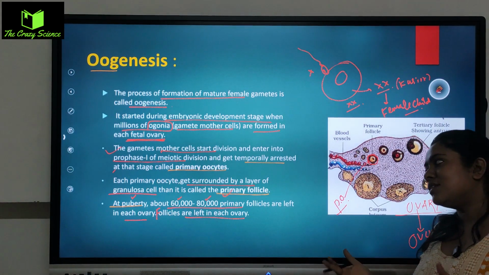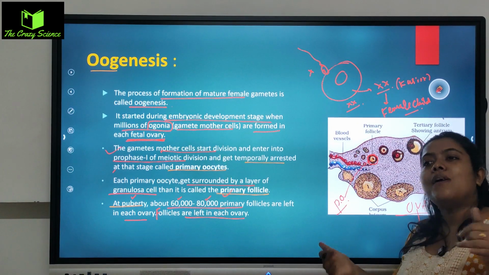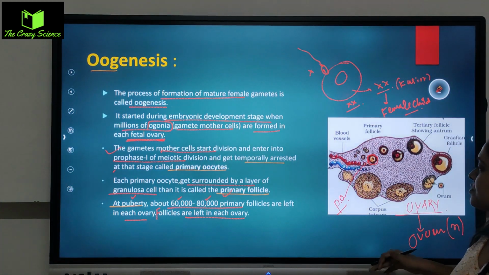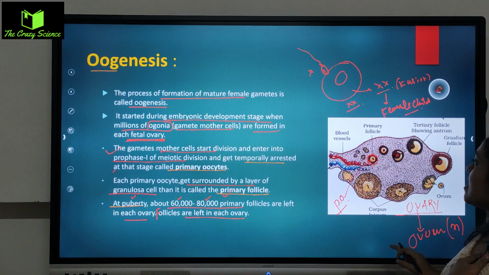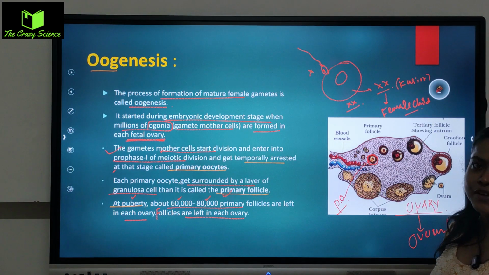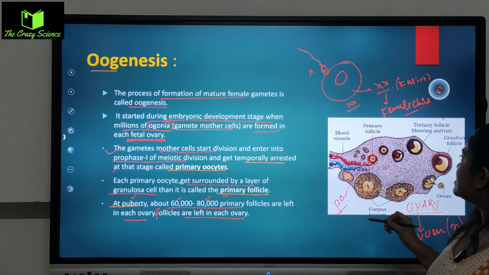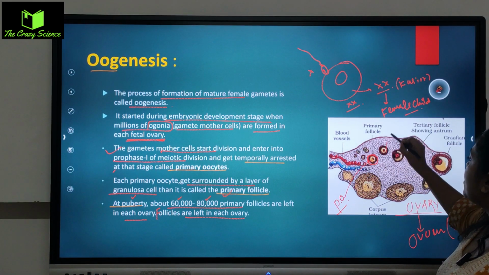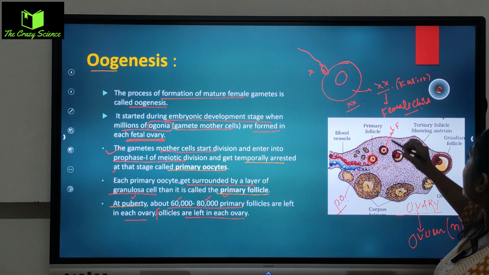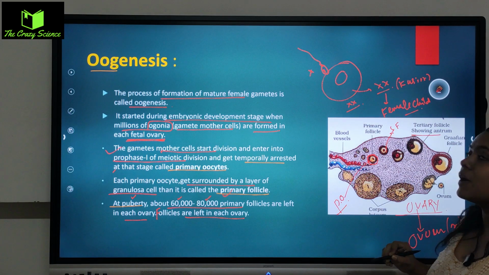It can be more than that, it can be the exact figure between that, or it can be less, okay? So this is the ovary structure. These are the blood vessels, artery and veins, you can see. Primary follicles, inside of it the primary oocyte is there, and then secondary follicle, and they are getting the tertiary follicle showing the antrum.